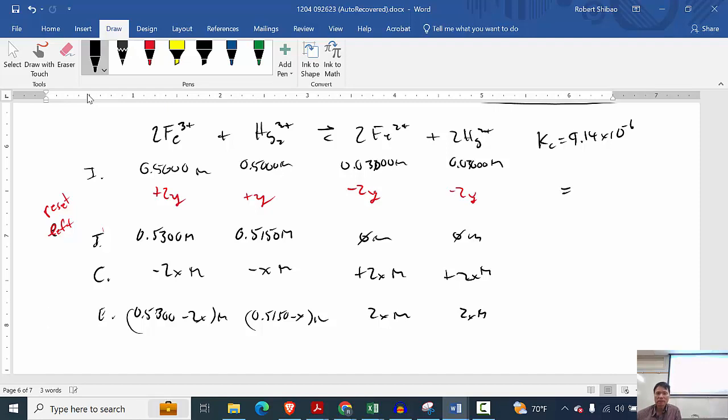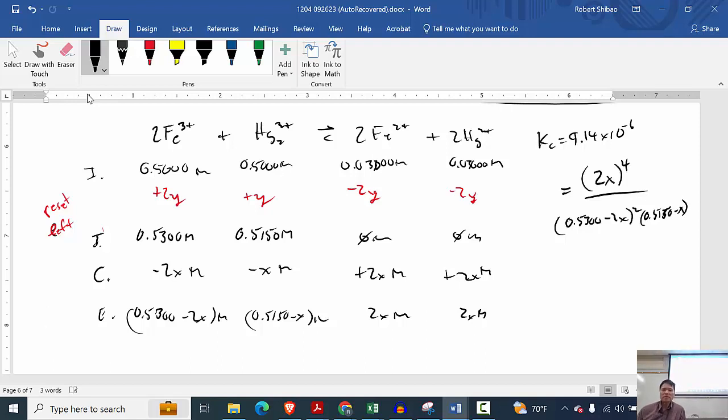All right, so I can just plug this in. This is going to be 2x to the fourth on the top. And then down here I'm going to have 0.5300 minus 2x squared, and then 0.5150 minus x.